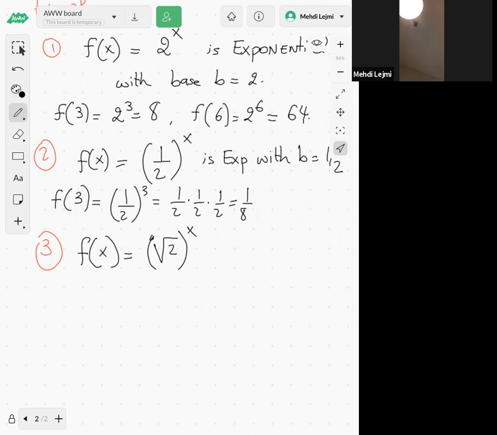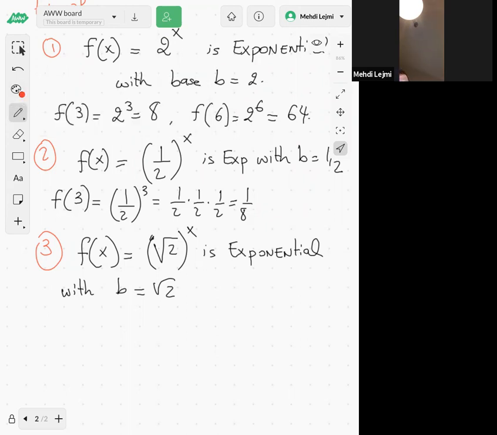That's another example of an exponential function, with b equal to the square root of 2. So base b has to be positive, that's the important thing, and different from 1. It could be a whole number, a fraction, a square root or a decimal, etc.